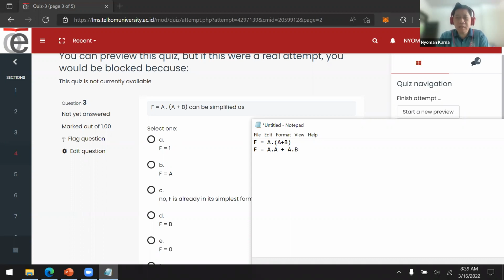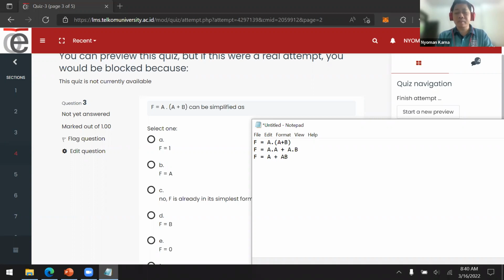It will become A times A plus A times B. Because this one is already an SOP, you can find that A times A is A itself, and then A times B is AB.